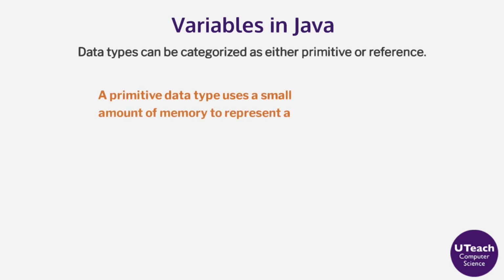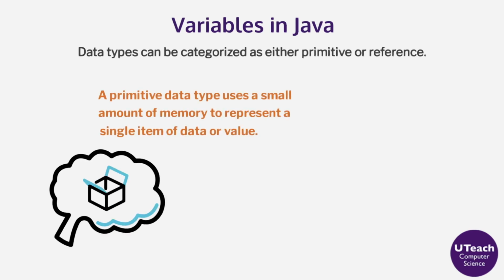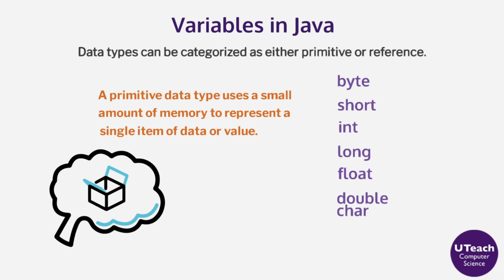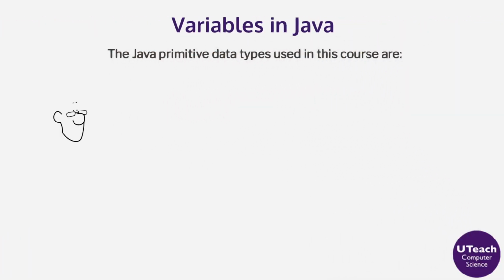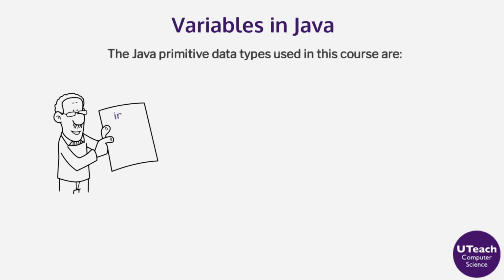A primitive data type uses a small amount of memory to represent a single item of data or value. There are 8 primitive data types in Java: byte, short, int, long, float, double, char, and boolean. The Java primitive data types used in this course are int.